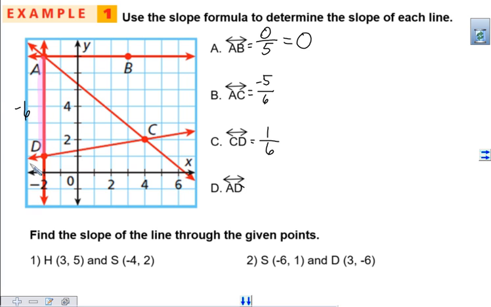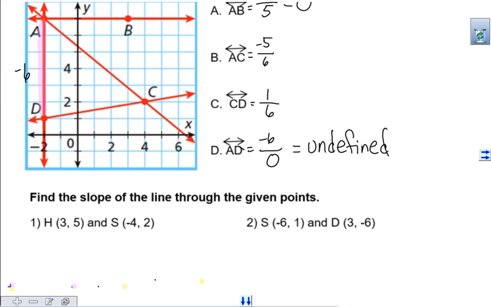So that's a negative 6. And we're not going left or right any, so that's over 0. So what is negative 6 over 0? Undefined. And yes, you need to write out the word undefined, or type it out if you are on a computer.